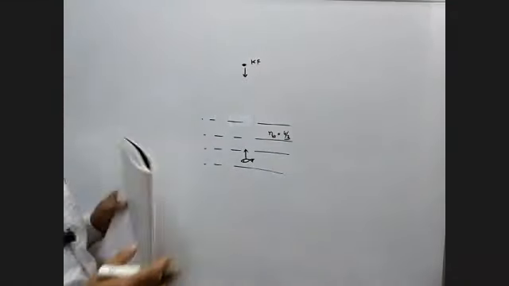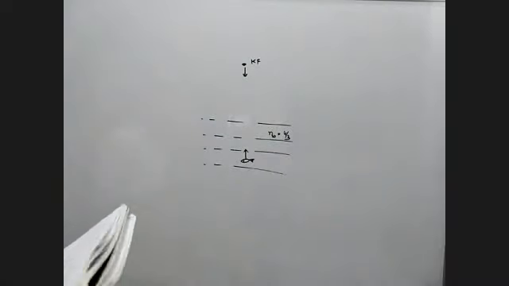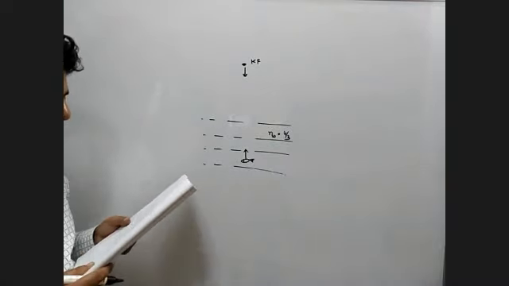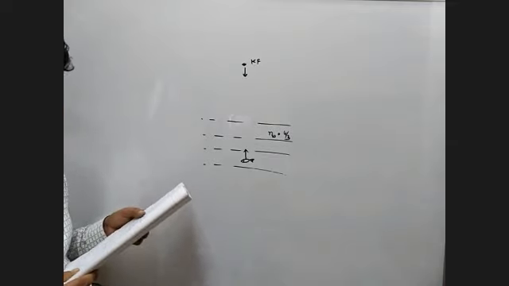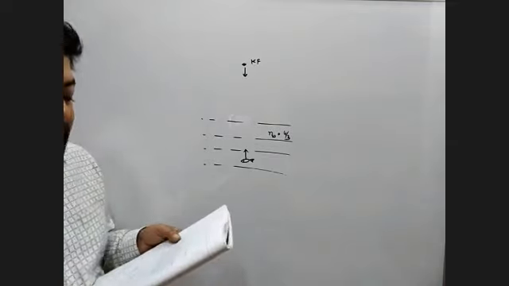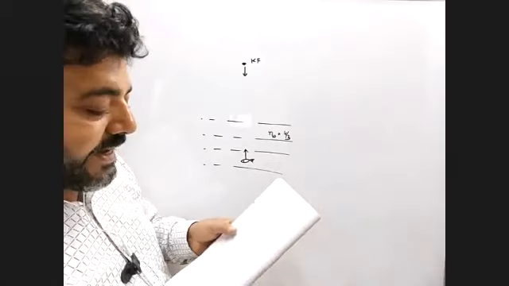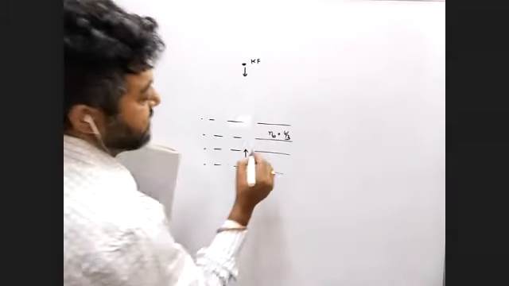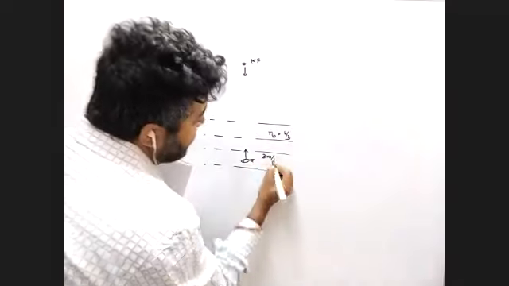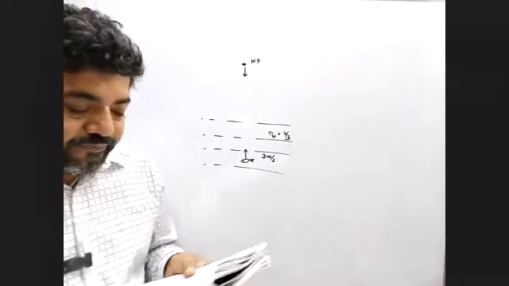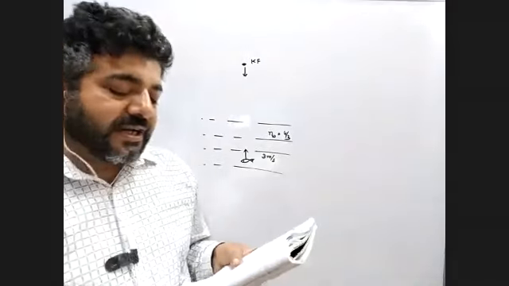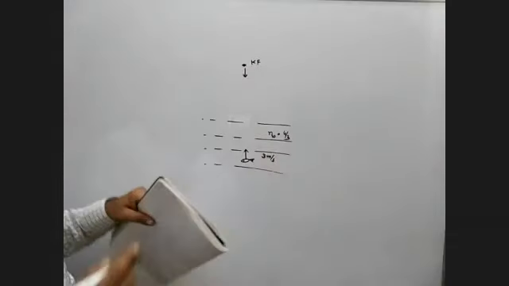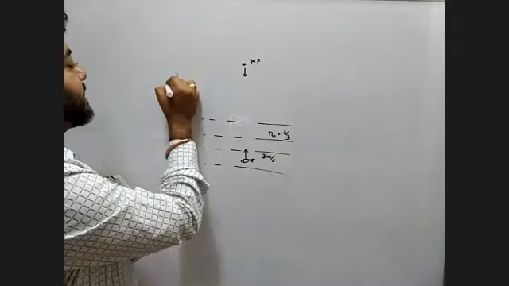Now I again want to read the question. A fish rising vertically to the surface of water in a lake uniformly at the rate of 3 meters per second, so it is going at 3 meters per second. Observes a kingfisher diving vertically towards the water at the rate of 9 meters per second.